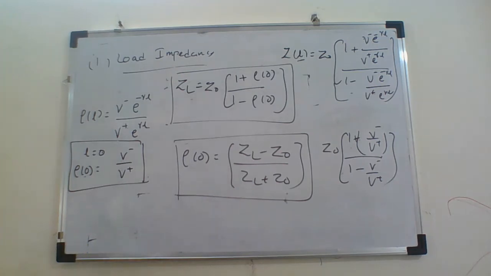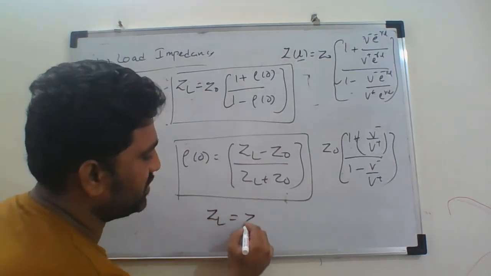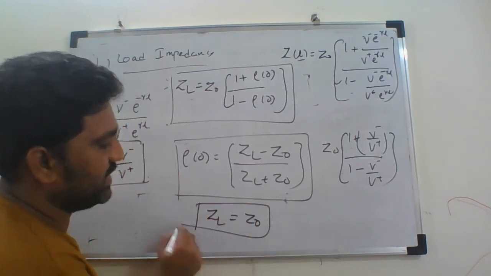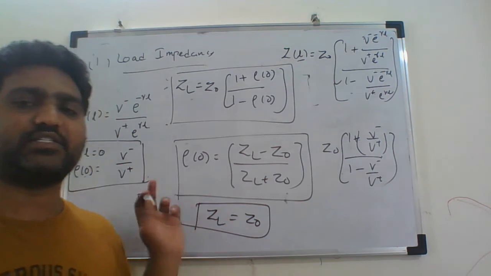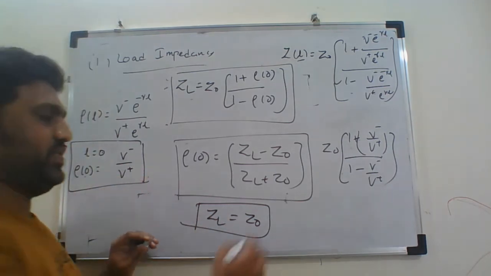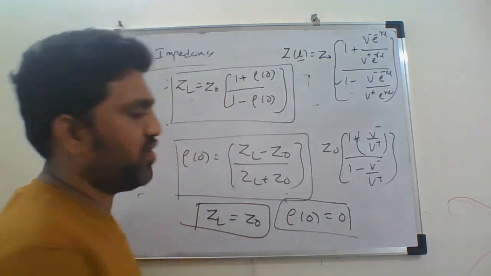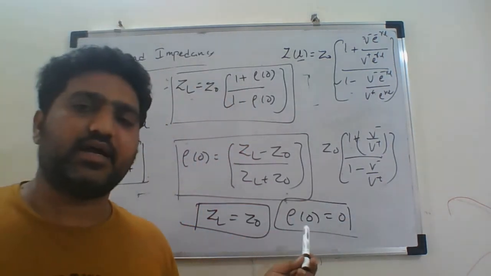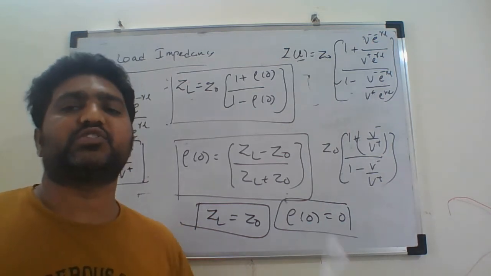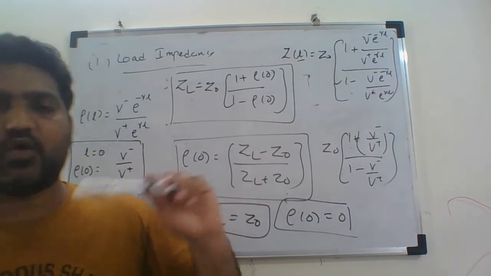One very important point we can observe here: if ZL is equal to Z naught, that is, if the load impedance is equal to the characteristic impedance, then obviously rho of 0 will be 0. Therefore there will be no reflections coming from the load end, and the reverse component will always be 0.